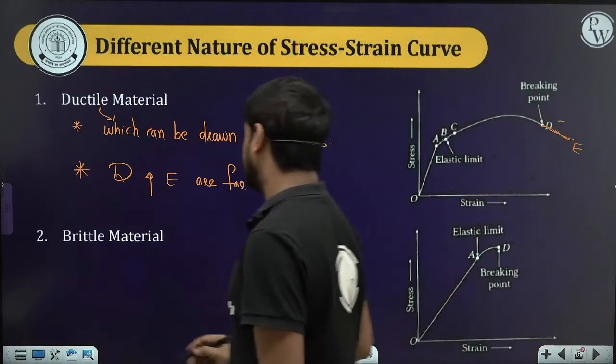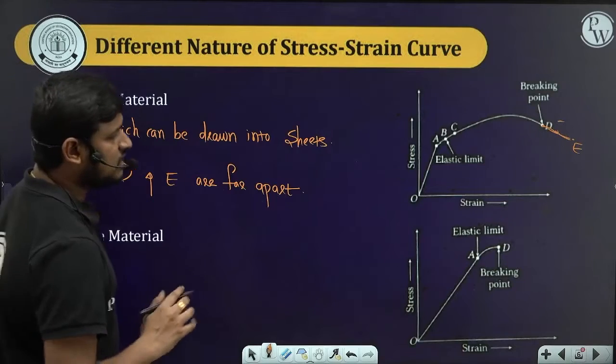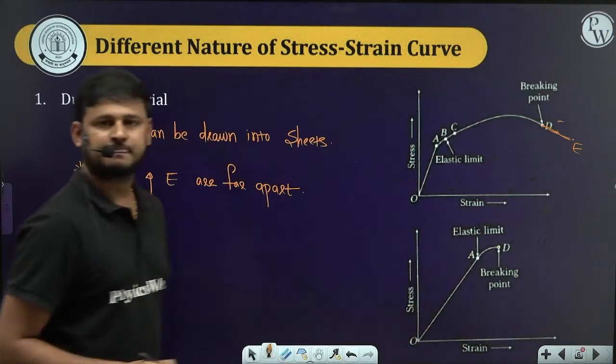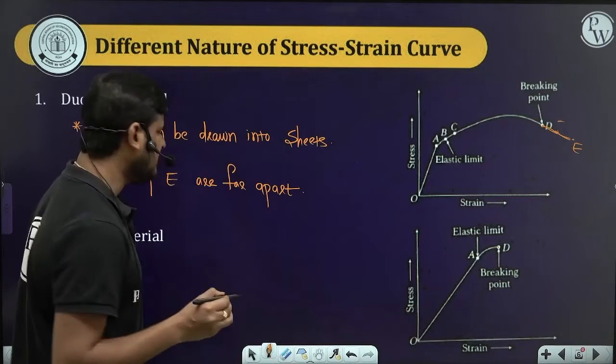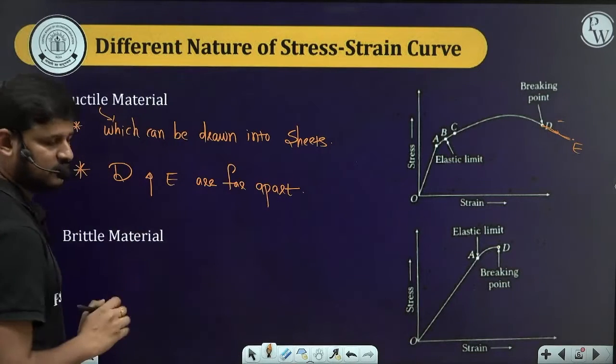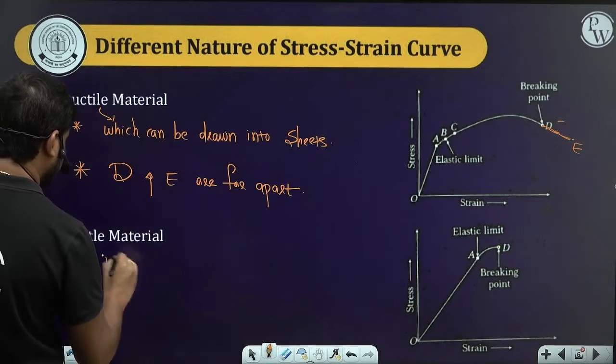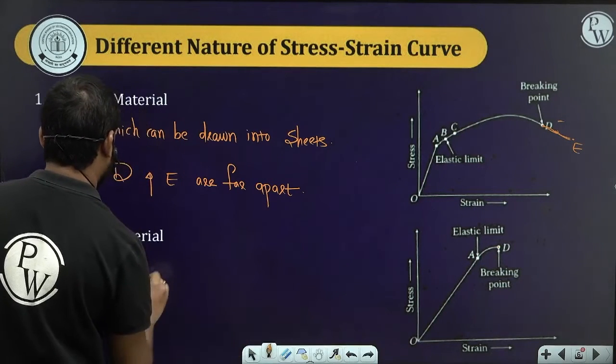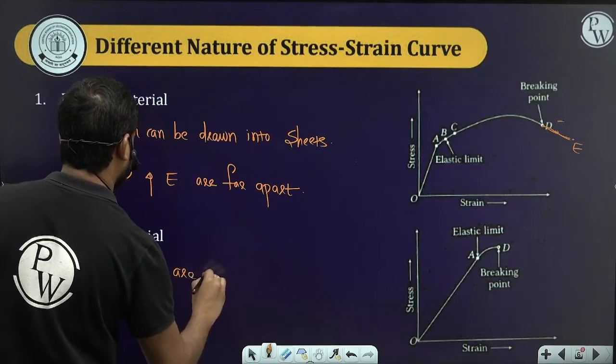Okay. For the brittle material, the breaking point and the ultimate stress will be very near. D and E are very close.